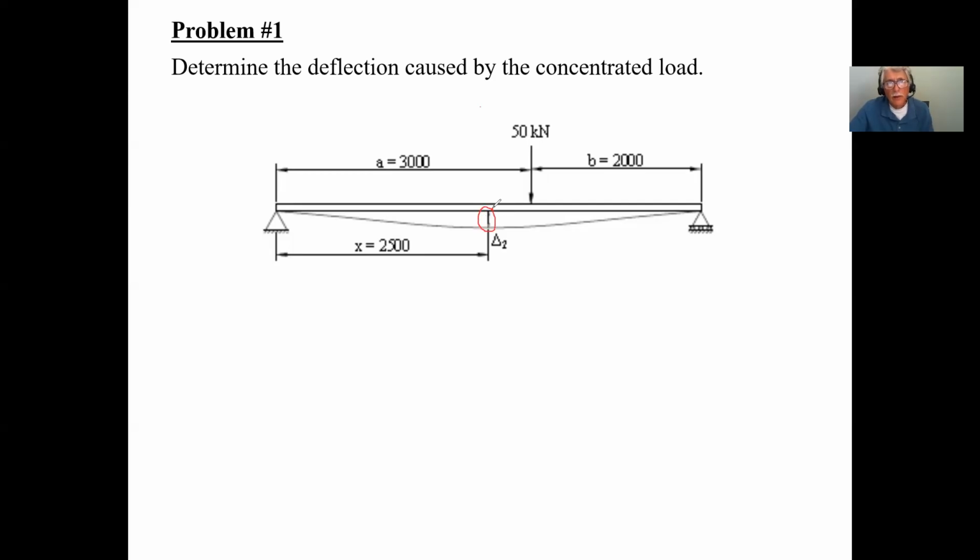Here I have a beam that is simply supported with a concentrated load somewhere along the span. Then I can look for a diagram similar to mine to see which formulas I can use. And as we've done before, we go to the beam formulas.